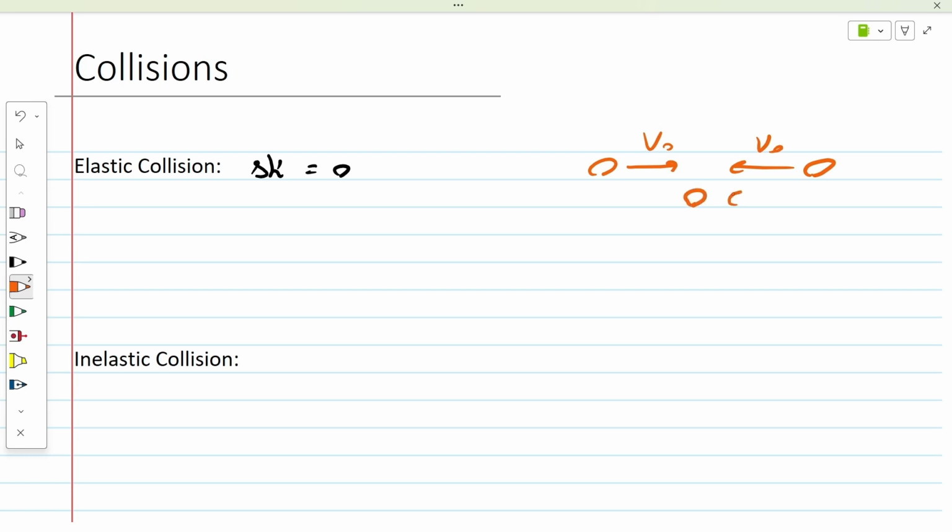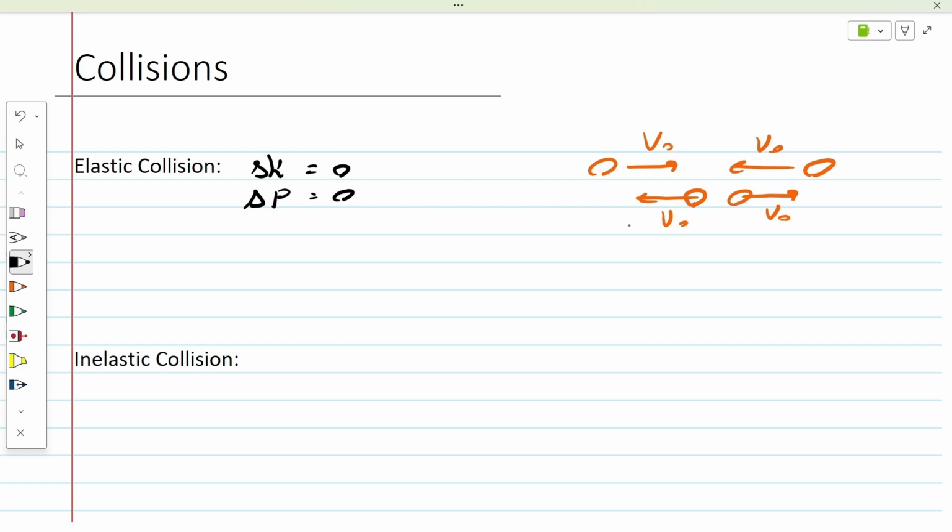After they collide and bounce off each other, they will still have that same velocity. So the velocity is conserved, and since velocity is conserved, the energy will be conserved. And during this collision, the momentum will also be conserved, so the change in momentum will equal 0 as well.